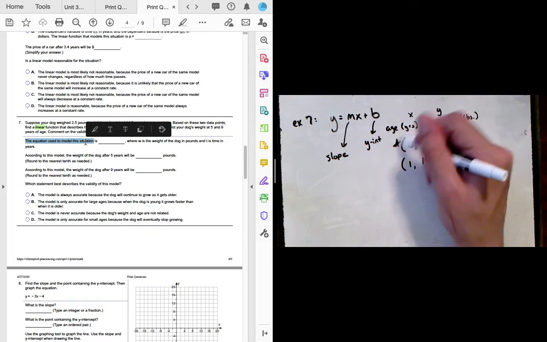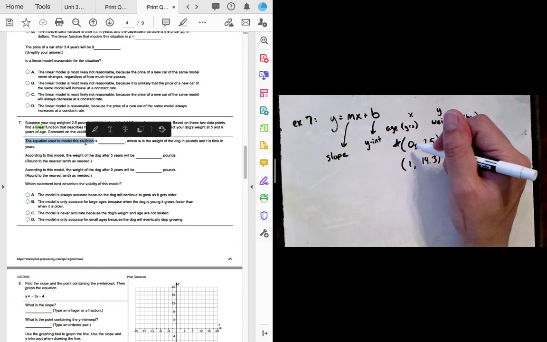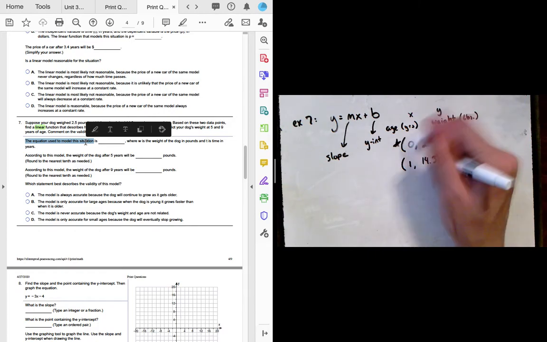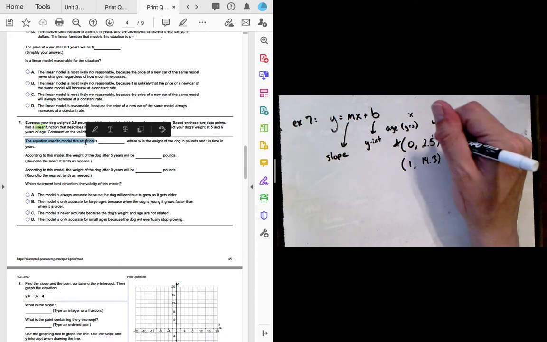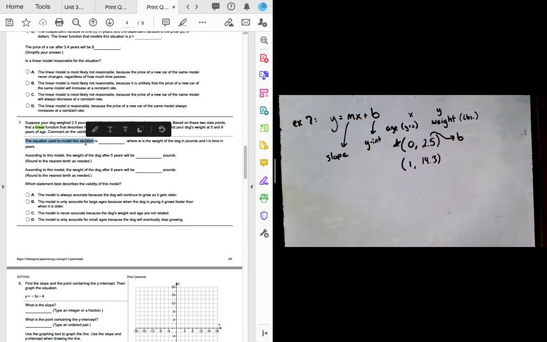The y-intercept is the value that happens when the x value is equal to 0. Remember, we talked about this on these problems as kind of like a starting point, just like Q naught is in the exponentials. So this starting value right here is actually our y-intercept. It was given to us in this problem, and I can say right away that the b value is going to be 2.5.